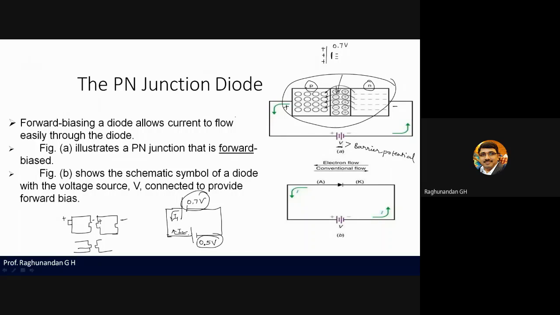From this, what we understand is, if you want the current to flow through the diode, then I need to give a voltage which is greater than the barrier voltage. So this is the barrier voltage, 0.7 or 0.3. 0.7 for silicon, 0.3 for germanium. Remember this, again and again we'll be using this.